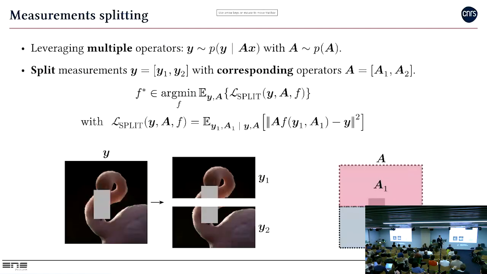One solution is based on splitting. It's an idea that's very close to what we are used to, which is cross-validation and so on. And the idea is the following. We take some measurements, and to avoid learning this pseudo-inverse, which is just the identity here in the inpainting problem, we split the measurements into two, feed one part of the measurements to the neural network, and ask it to predict everything.